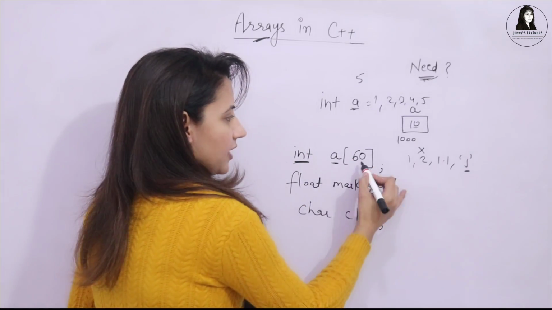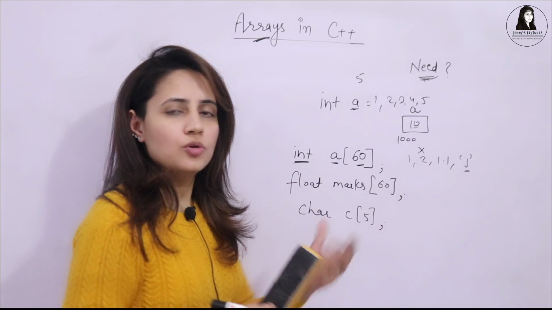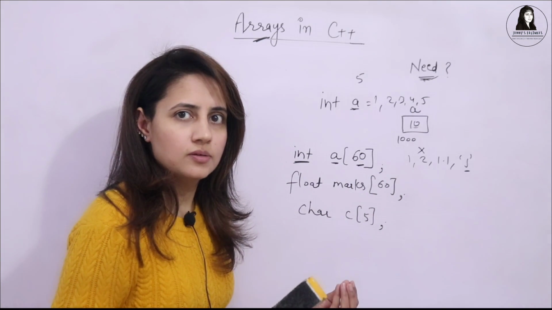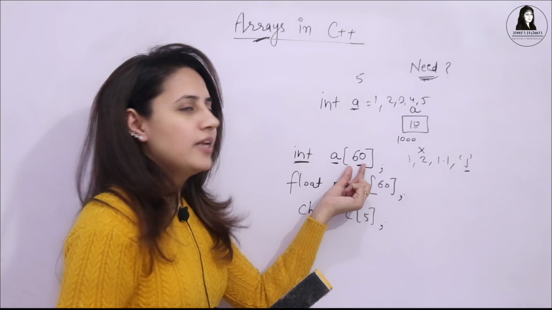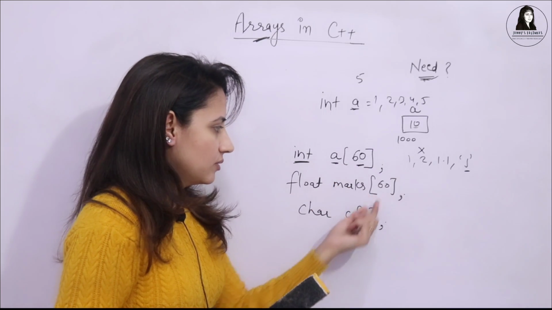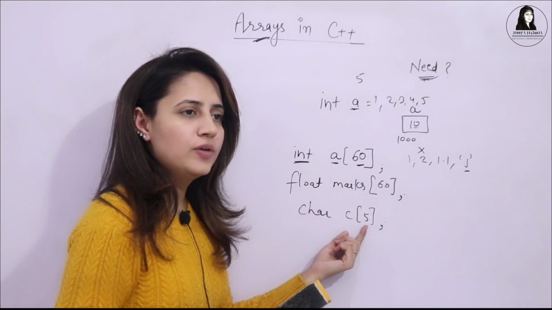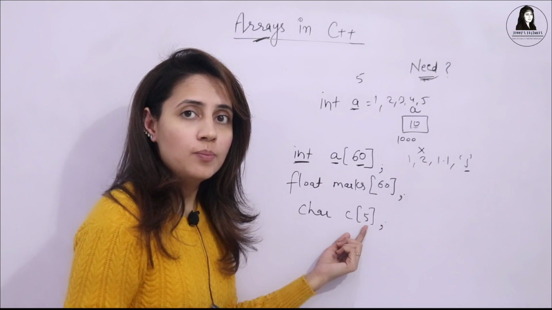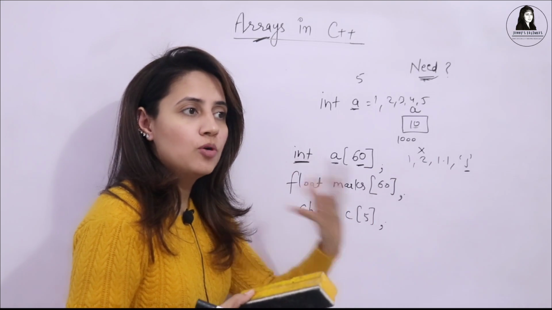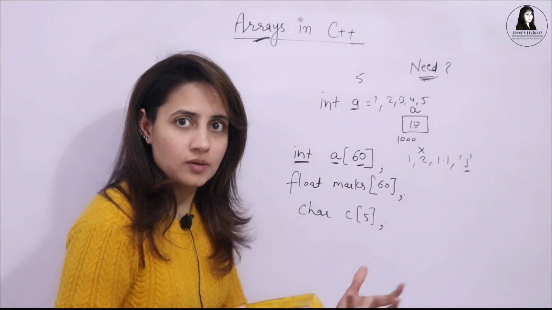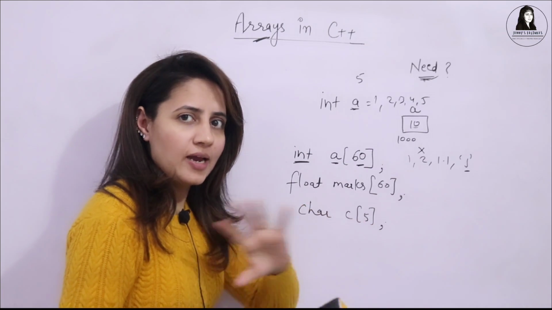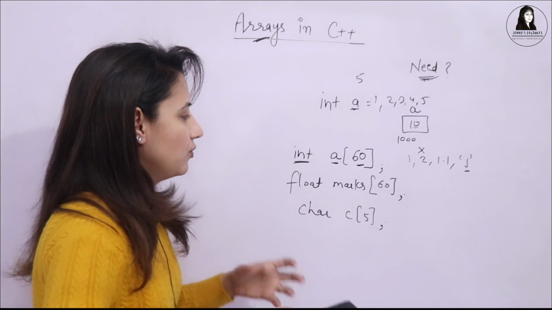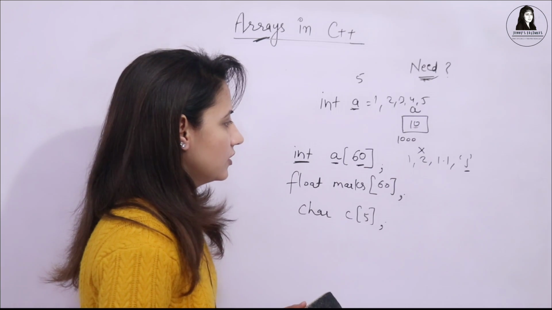And this array size must be a positive constant. It cannot be negative. Or, rather than a constant value, we can take an expression also, but that expression should give a positive value. I will tell you this with the help of a program. Let's see the practical of this.